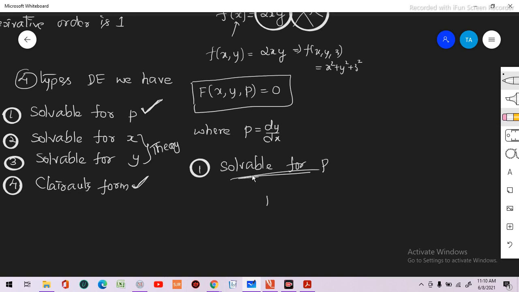Suppose I have p square minus 5p minus 6. This is the first example which we have. If we are able to factorize it, how do we factorize a quadratic equation?